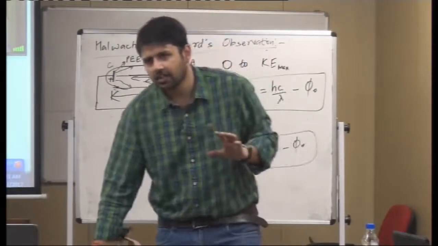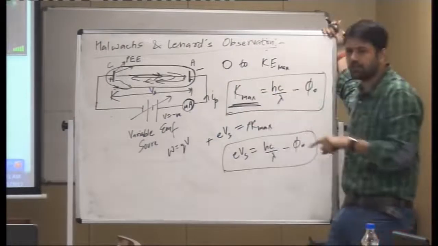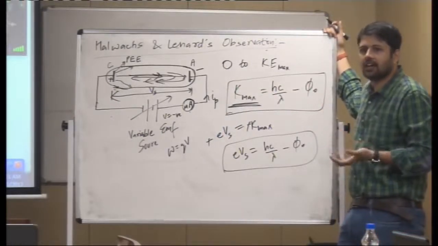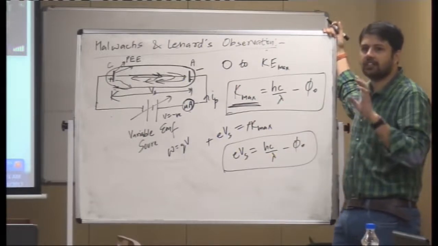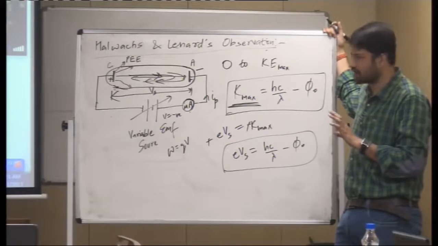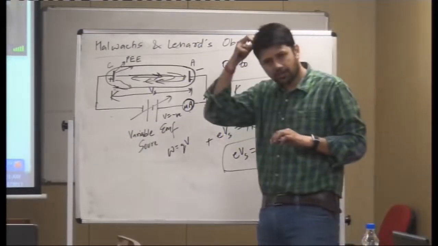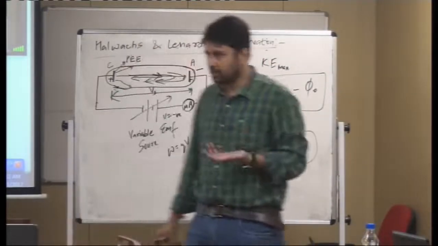To stop this prisoner, you need to apply an even higher stopping potential. Getting the idea? If high frequency photons are incident on the metal, what happens? Electrons come out with even higher energy, and to stop them you need even higher stopping potential. So that's why the dependence of stopping potential on frequency.